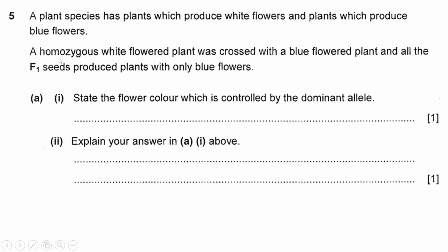If they are dominant, then both alleles in this white flowered plant are dominant. So that's what it means to be homozygous: to have the same type of alleles in this white plant. They've given us a clue here, but in the blue flowered plant, they've not told us the type of alleles which are there.